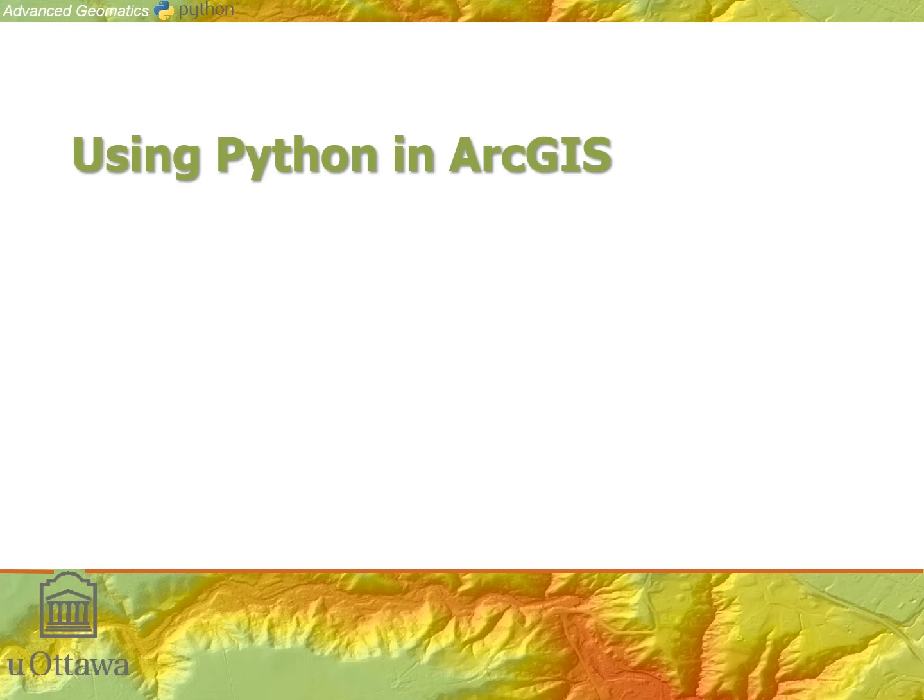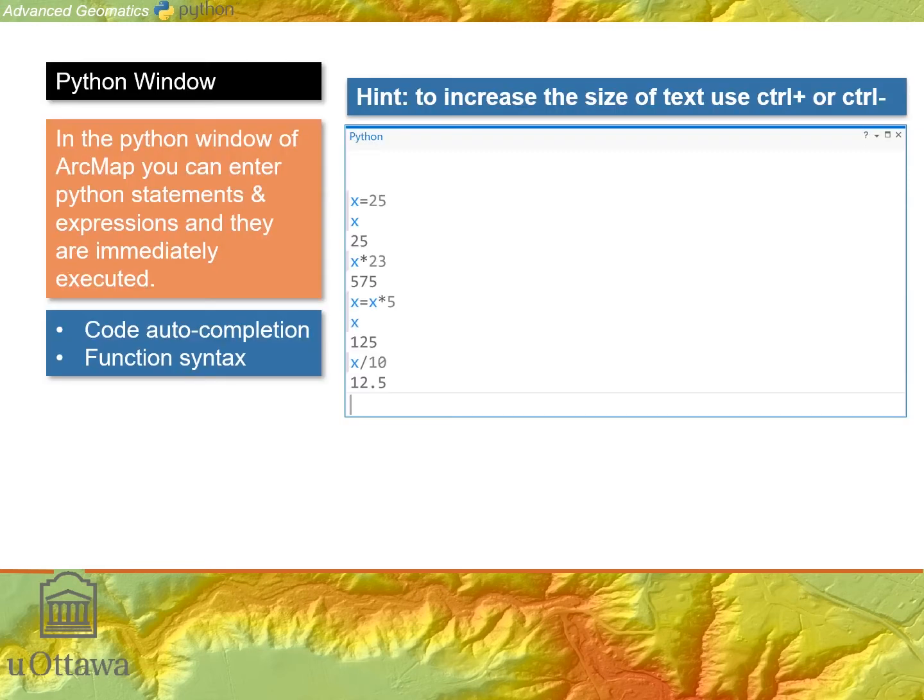So using Python in ArcGIS. The Python window. For the first exercise and for any of the things in this particular lecture, you can use the Python window in ArcGIS Pro to do that. Or I would prefer that you set up the PyScripter IDE and do it through that, since that's what we'll be using most of the time to write scripts.